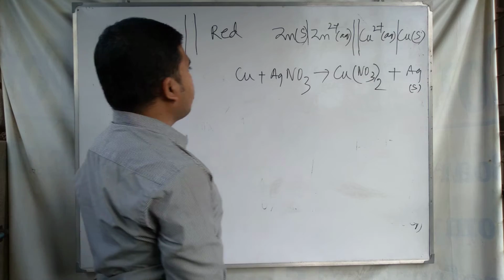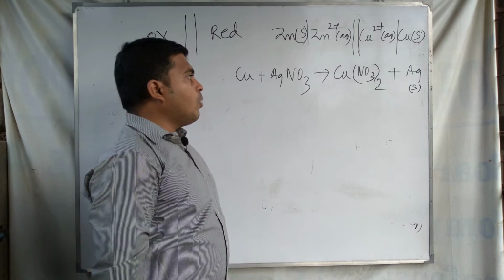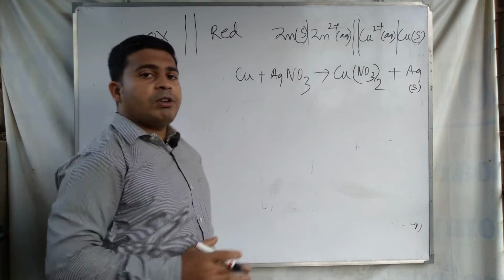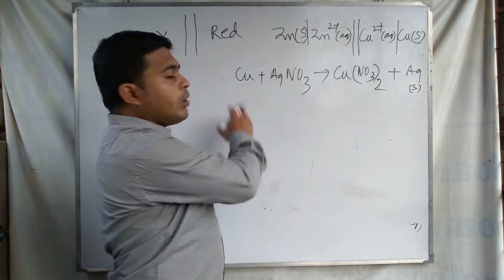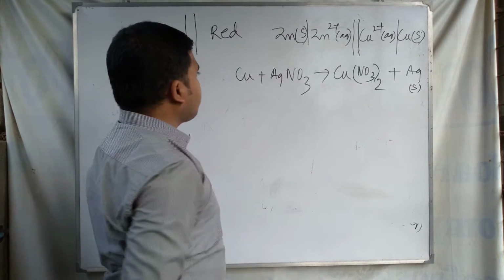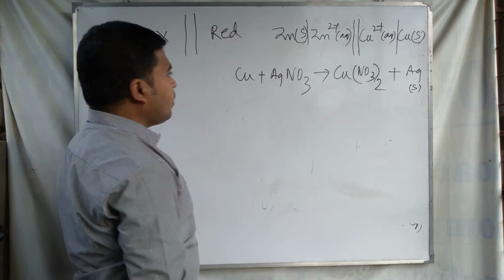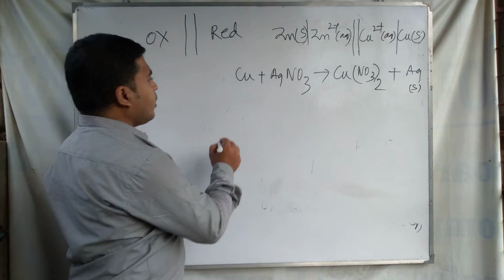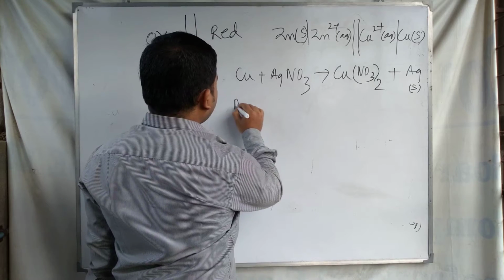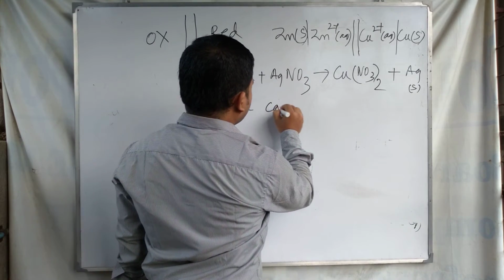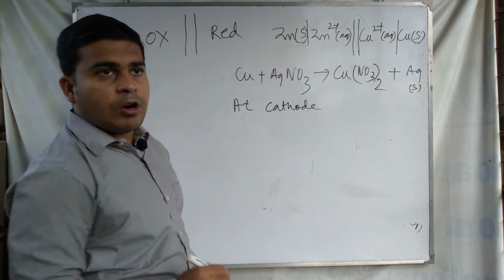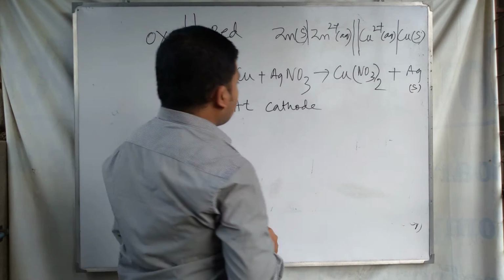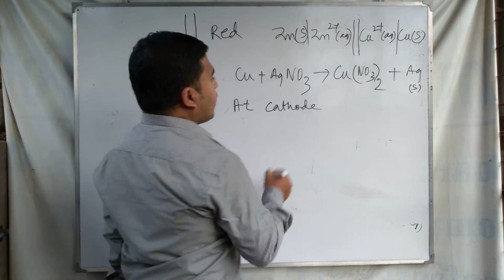In this reaction, if we want to represent this galvanic cell where silver nitrate solution and copper are taken, at that time at first we need to know which reaction is occurring at the cathode.